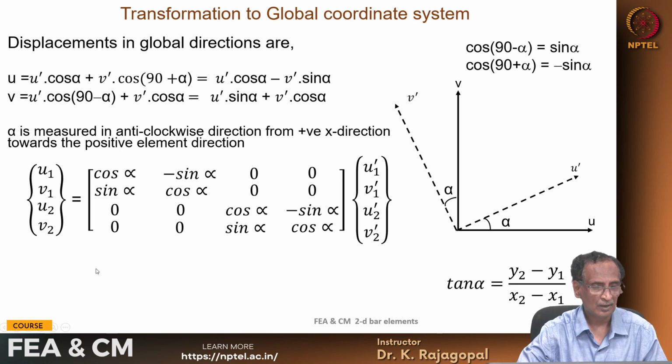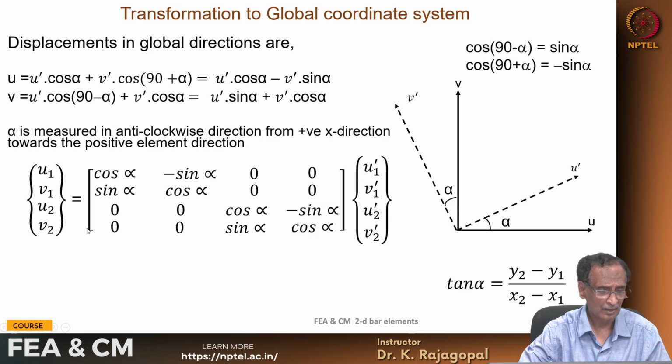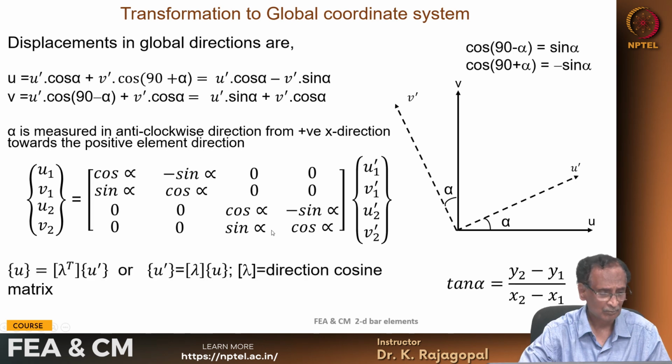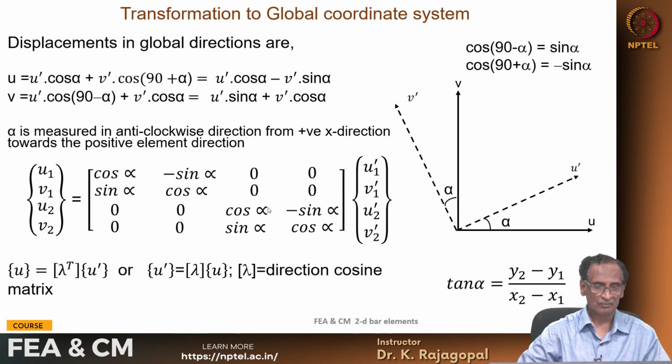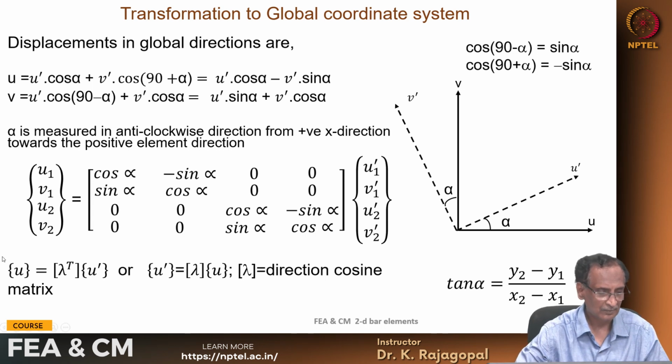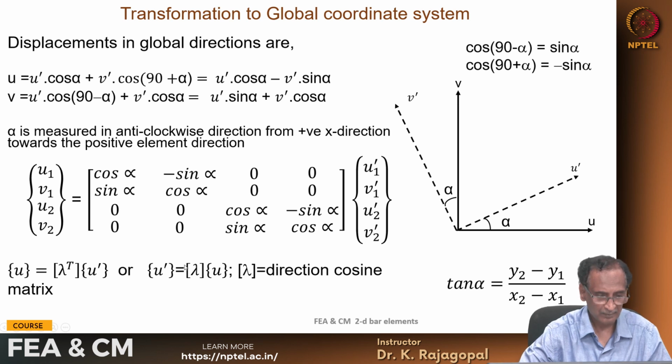And so our global displacements in terms of the local displacements can be written like this: u is this coordinate transformation matrix multiplied by u prime. Okay. And u is lambda transpose u prime. This is a matrix of direction cosines, so u is lambda transpose u prime, or u prime is lambda times u, where lambda is the direction cosine matrix.